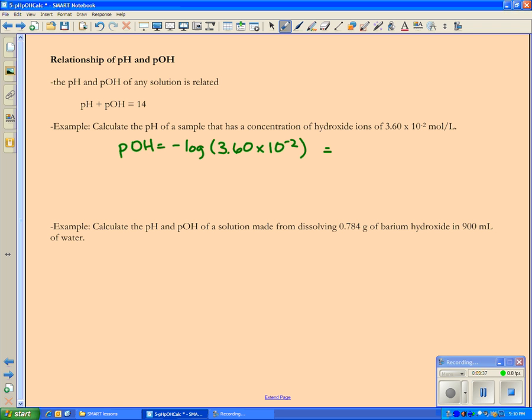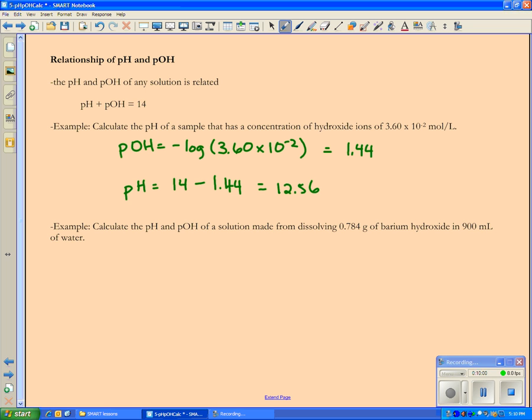In your calculator, taking that negative log will give you 1.44. Now to get the pH, we can do 14 minus the pOH of 1.44, and we end up with 12.56.